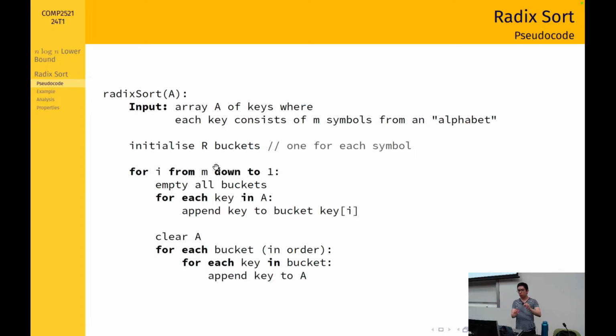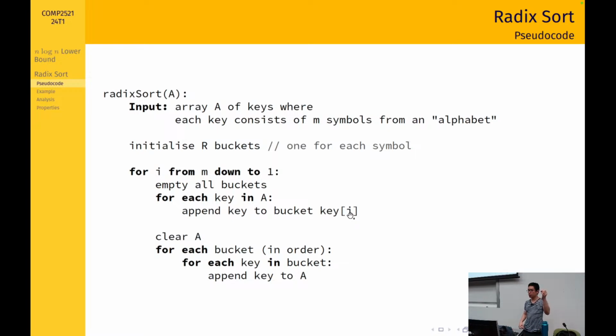During each sort, we're going to first empty all the buckets, because we're going to be filling them, so at the start of every iteration, we want to empty all the buckets.